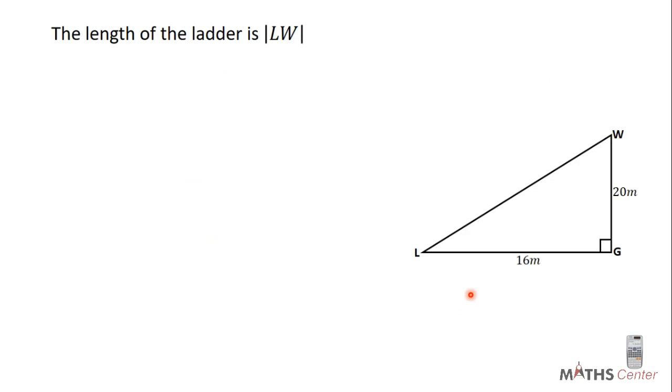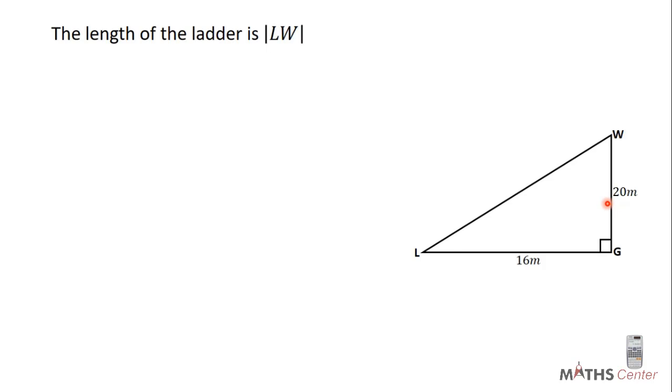The question also said we should find the length of the ladder. From our diagram here, the length of the ladder is the length LW. So we have this as our right angled triangle. We know LG, we know GW or WG, and we want LW. Once again, this is a right angled triangle, so we can apply the Pythagoras theorem.